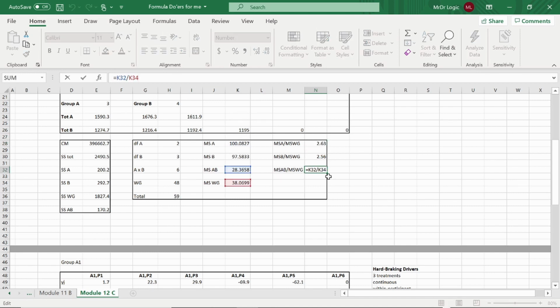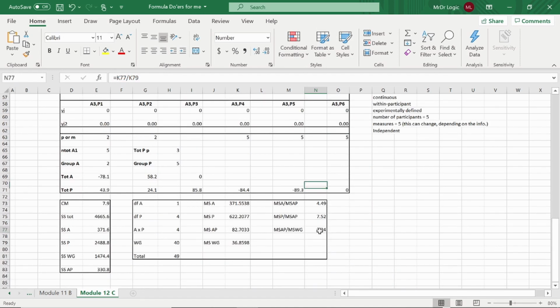Obviously, the one thing that stays the same is that this is still getting divided by this. Nothing there changes, but MSA is getting divided by the MSAP, and the MSP is getting divided by the MSAP.